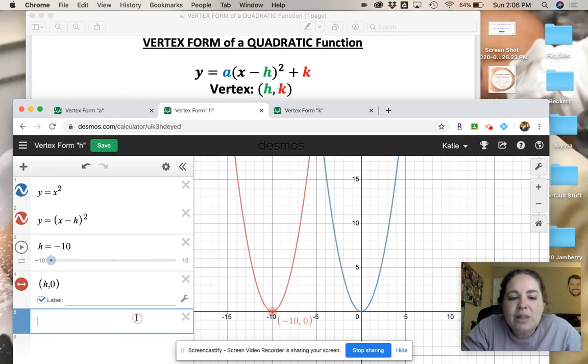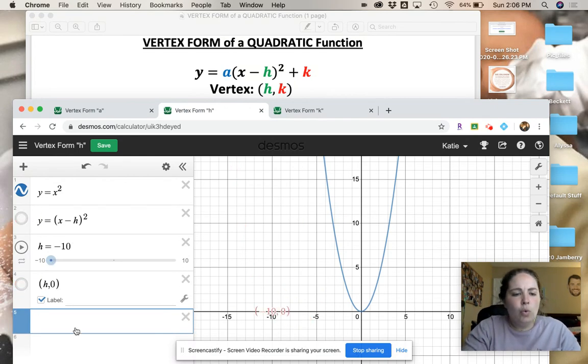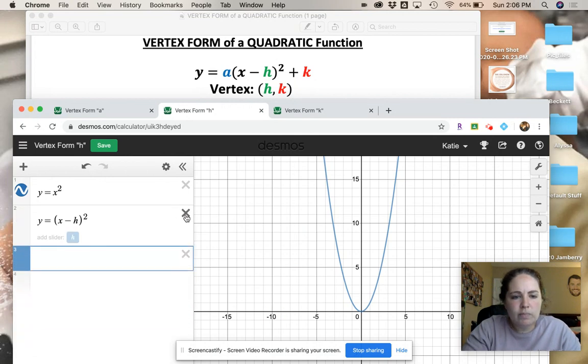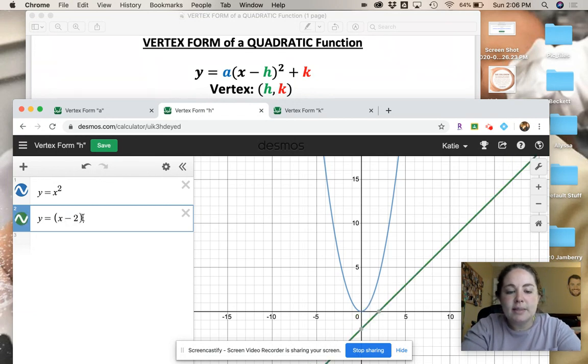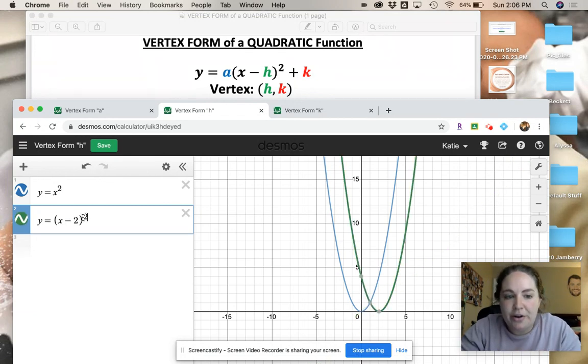Okay, so now let's look at one more example here. So let's say our equation is x minus 2 squared. So my h value is positive 2 because my vertex is here at positive 2.